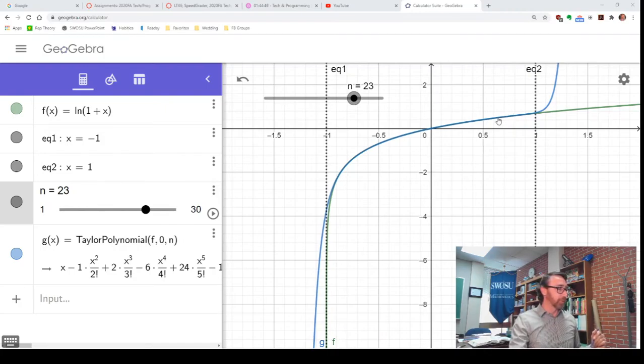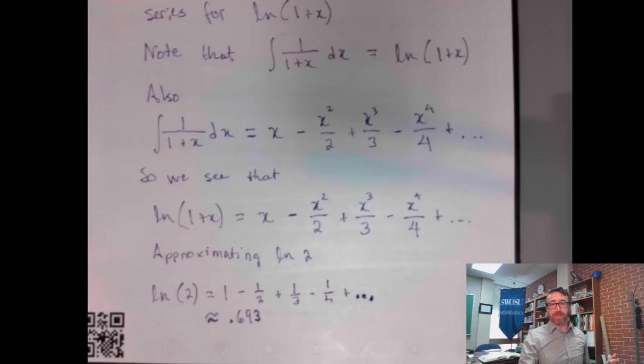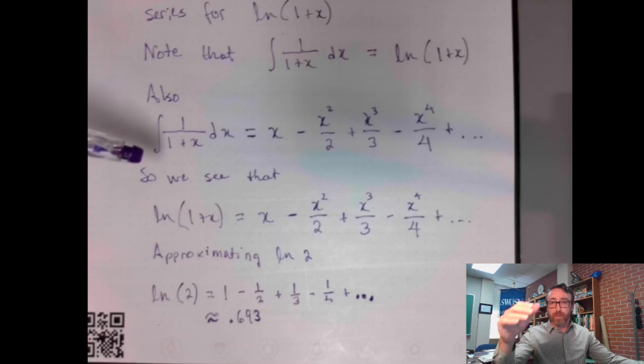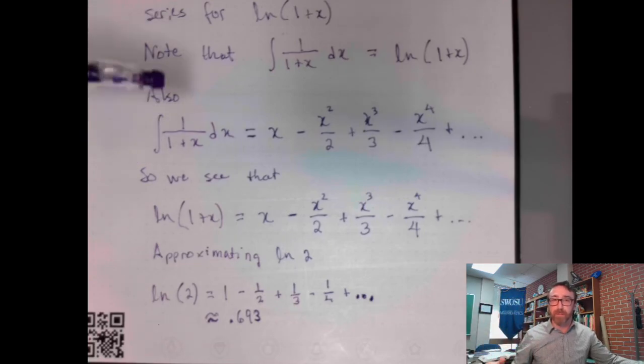So the moral of the story is if you have certain Maclaurin series in your repertoire, you can manipulate those and get new ones without going from scratch every single time. If you know the series for your function and you want the series for the derivative, well, differentiate both sides.